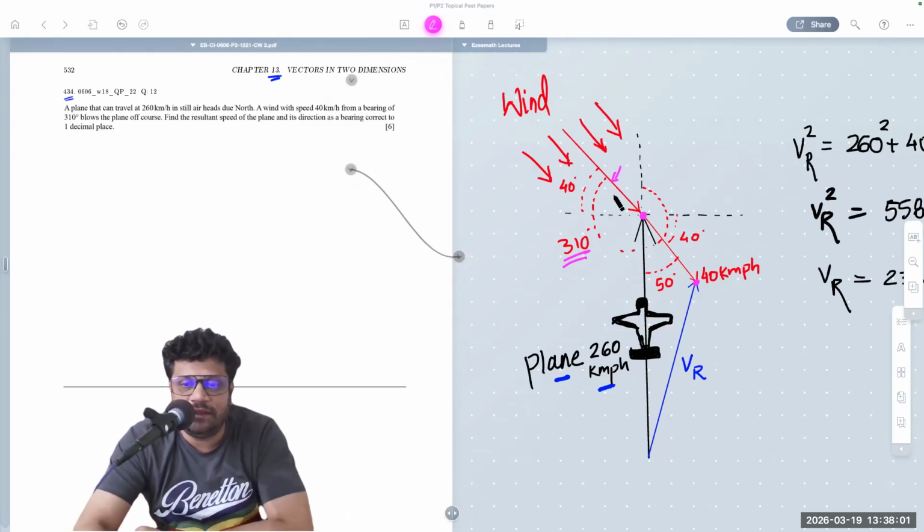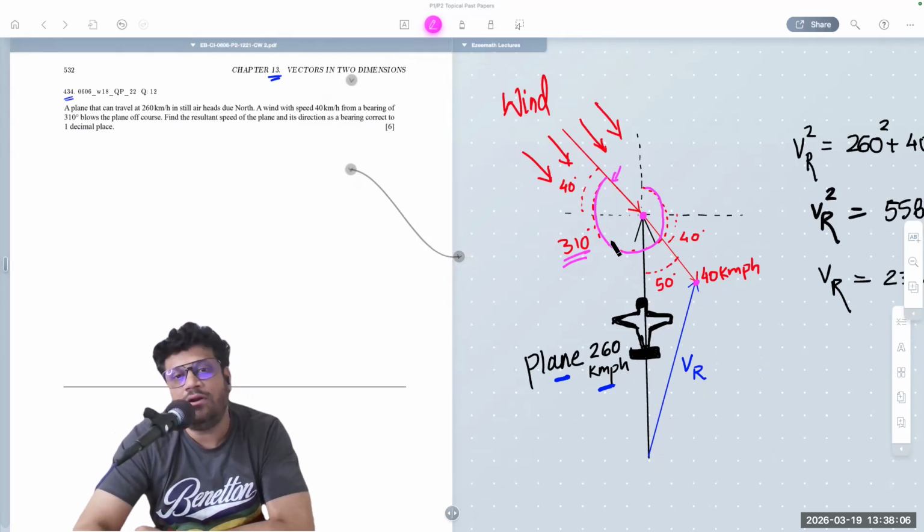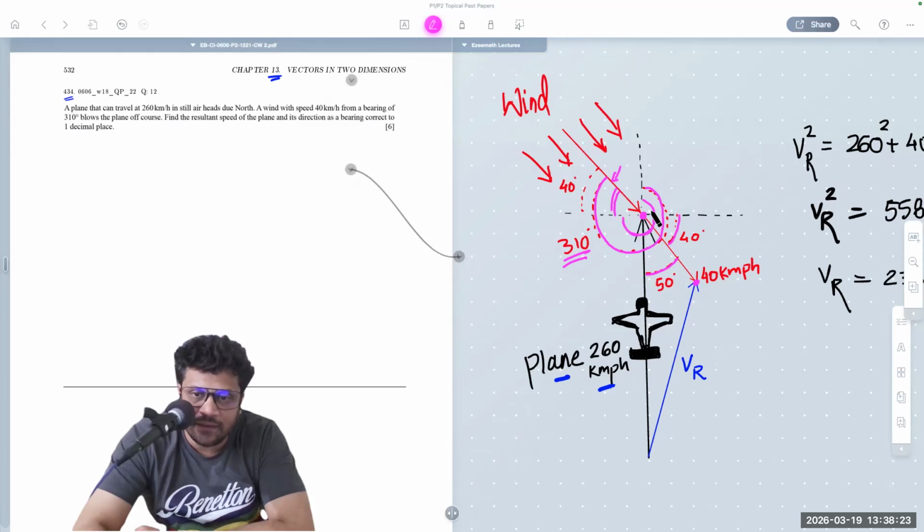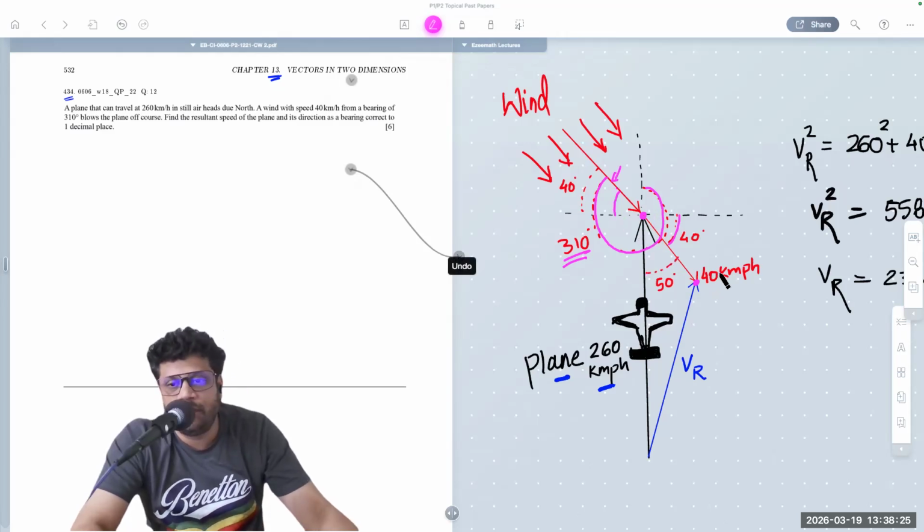Now, if this angle is 310, you should know that this is 40, which means this is 50. Why is this 40? Only because I know that this angle is 270.